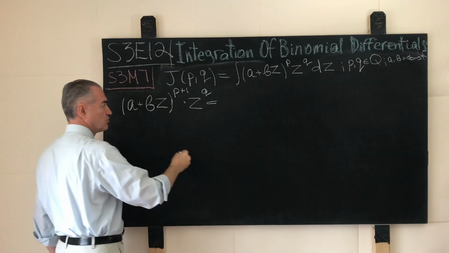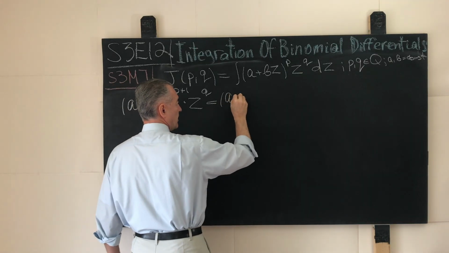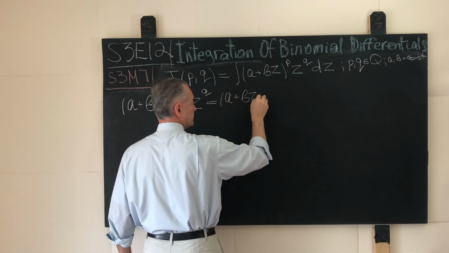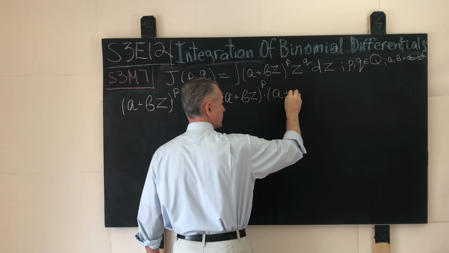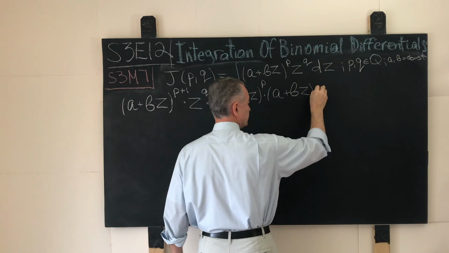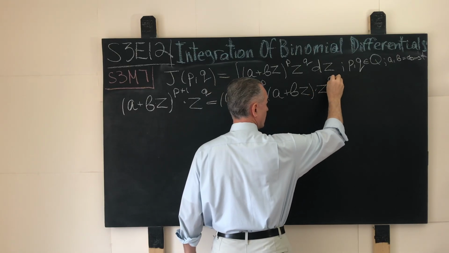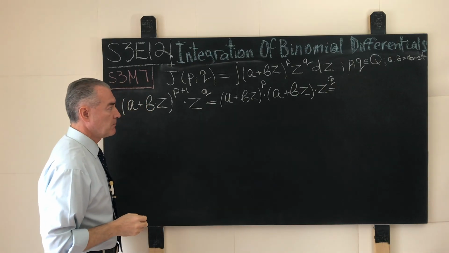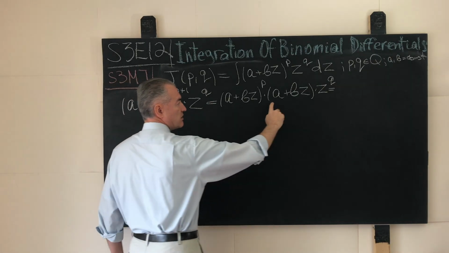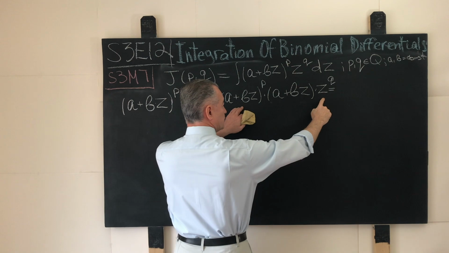We unwind this. We write a plus b z raised to the power of p times a plus b z times z to the power of q. Then we multiply these two summands over these two factors.